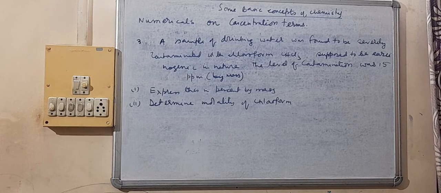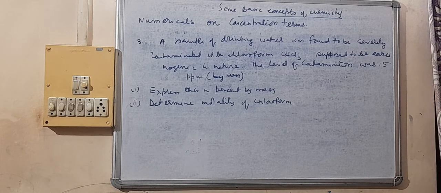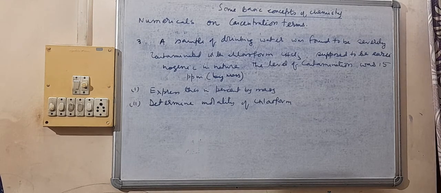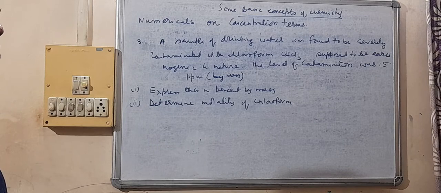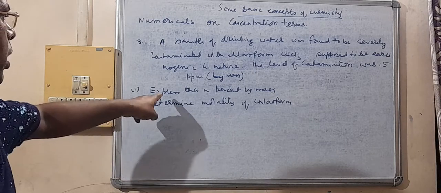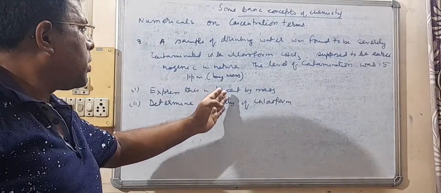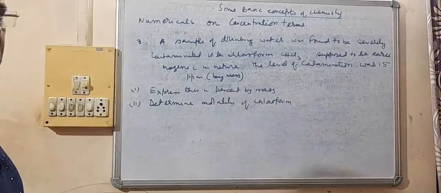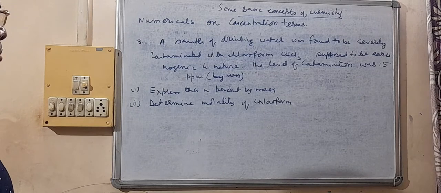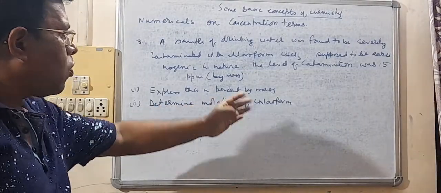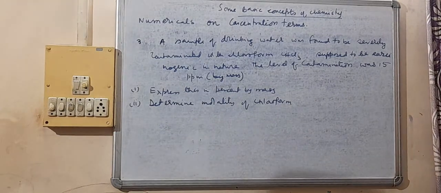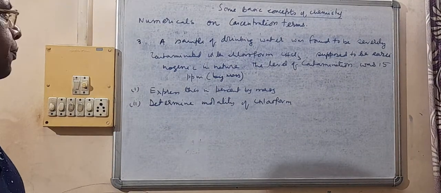So ppm is another way of expressing concentration. We have to express this in percent by mass, that means we have to find out mass percent, and second it is asked to find molality of chloroform.